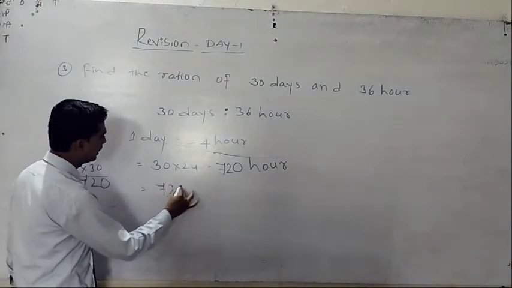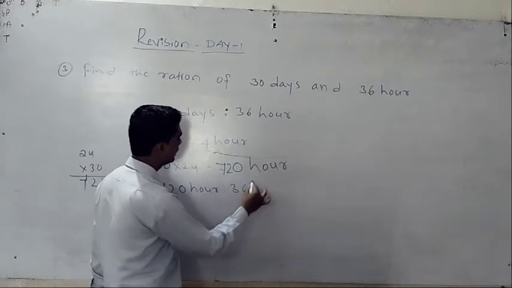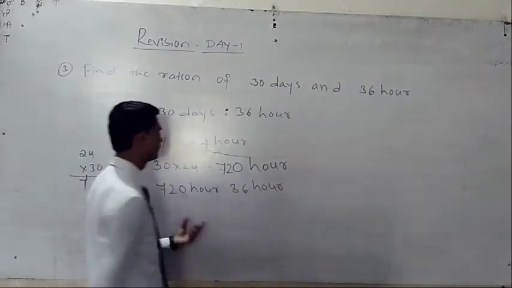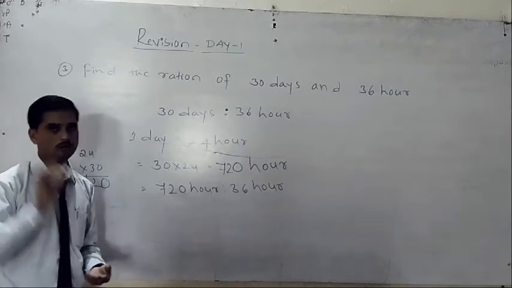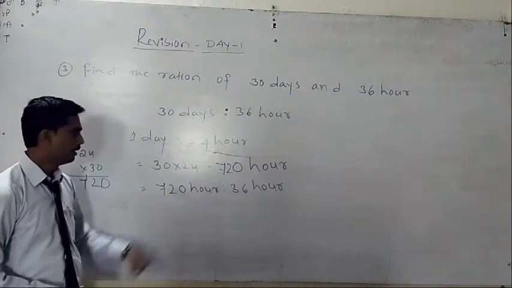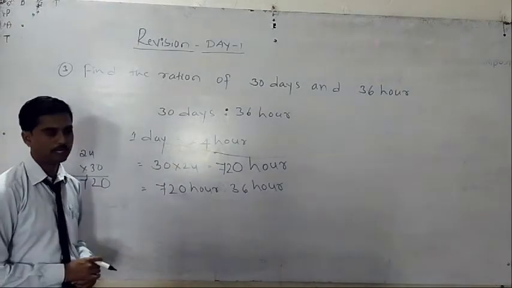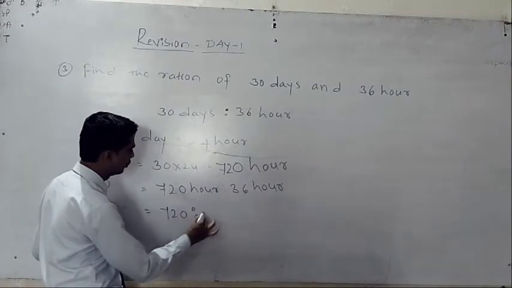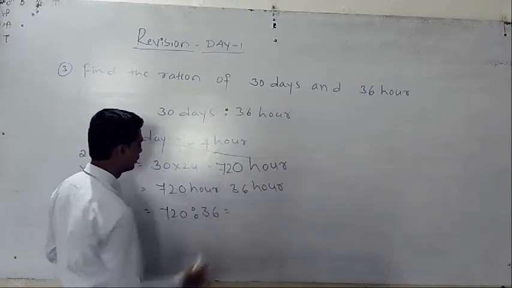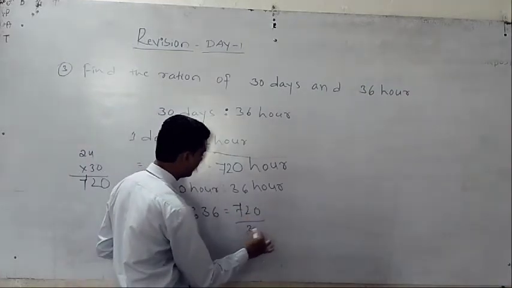Otherwise, 720 hours is to 36 hours. This much only you should write, and I will give you 2 marks. But if you want, you should write it in simplest form. Then 720 is to 36 is equal to 720 divided by 36.